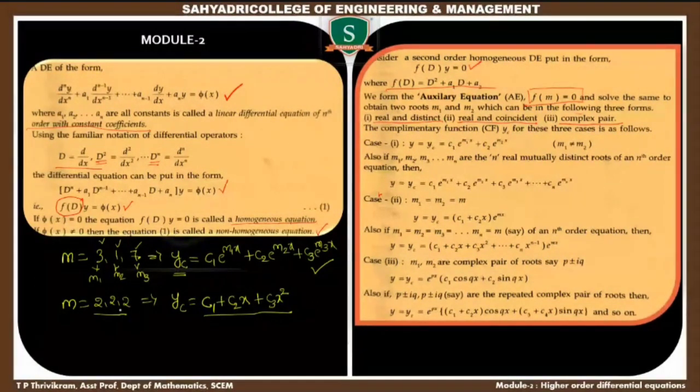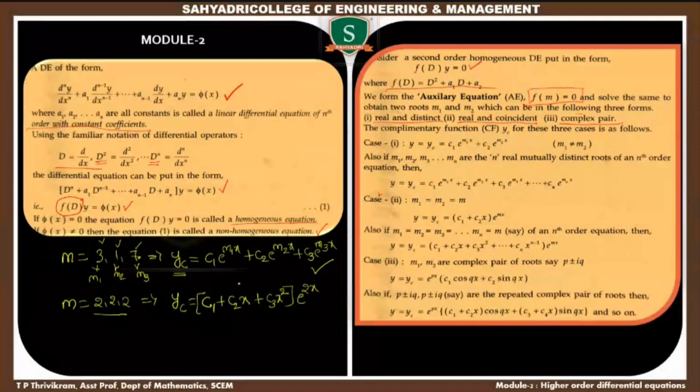Similarly, if it is repeated 5 times, you write a 4th degree polynomial. So this one into, what is that repeated root we have to write here? E power 2x. So 2 is repeated, so e power that repeated root into x.